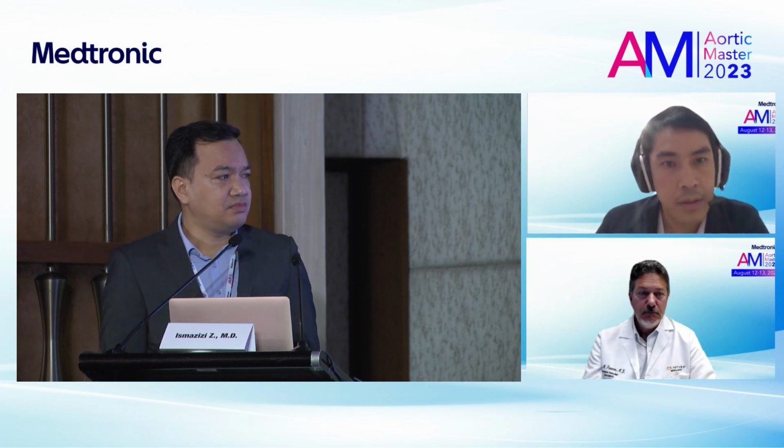In my point of view, normally in non-A, non-B dissection, we will approach from two things. First of all, is it complicated or non-complicated. If there is a complicated dissection, you have to do it urgently or as an emergency, depending on the condition of the patient. And also you have to look at the entry tear.